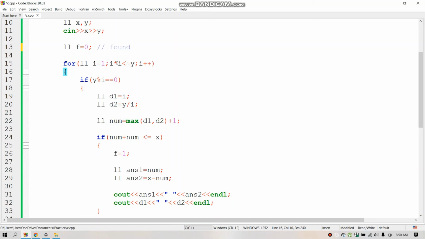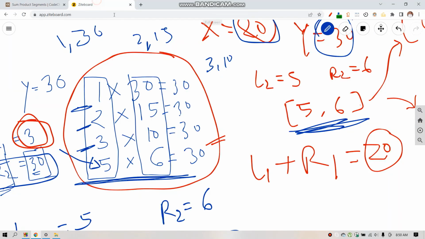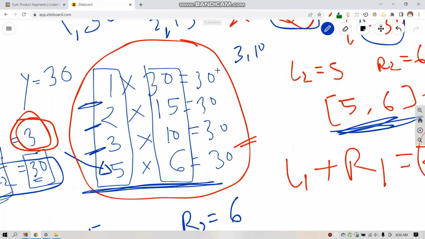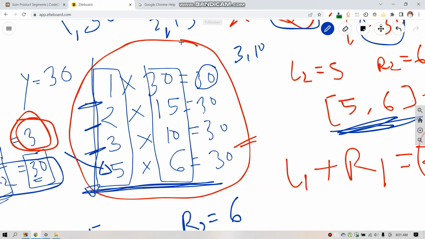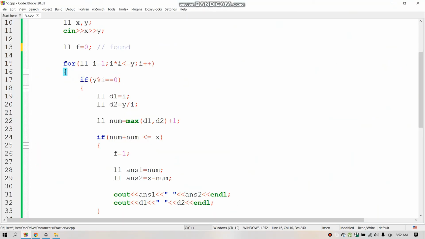So here I am running the loop for square root of y times, right? Because suppose y is 30, we have to loop through the square root of 30 to find all its divisors. So I am looping through all possible values. Suppose here i is equal to 3.